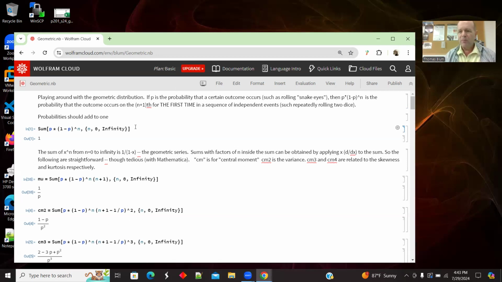In general, the probability of success, the thing that you want to occur for the first time, we're going to take to be p. Then for it to occur on the n plus first time, that probability is p times 1 minus p to the n.